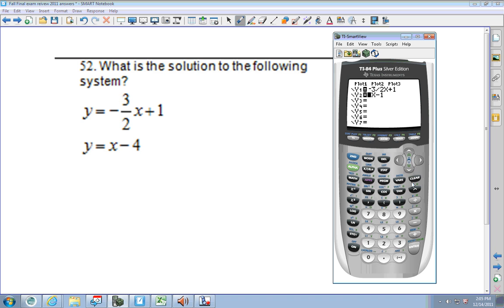Now let me go down to y2 and put in there x minus 4. Now let's go second, trace, 5 for intersect, let the two lines graph, and press enter 3 times. There's my answer. It is 2, -2.